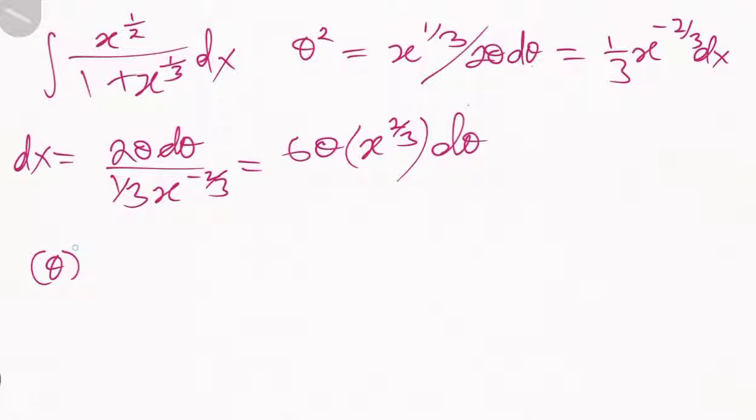Theta squared, we square it, then x to the power of 1 over 3 squared is 2 over 3, and that is what we want. So x to the power of 2 over 3 is actually theta raised to power 2, then everything squared. Of course, that's just theta raised to power 4. So we have 6, we have theta here, then theta raised to power 4 d theta.